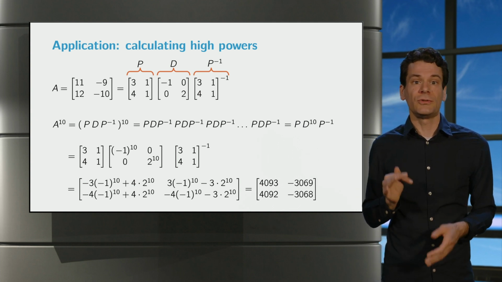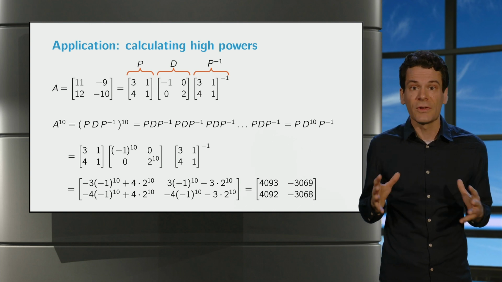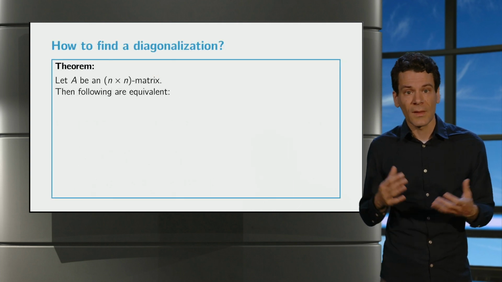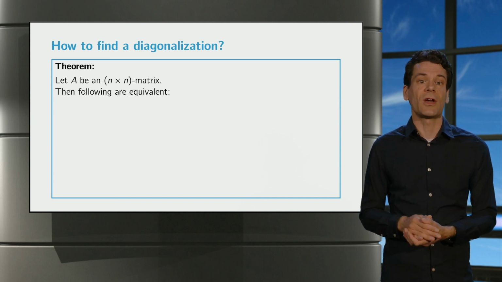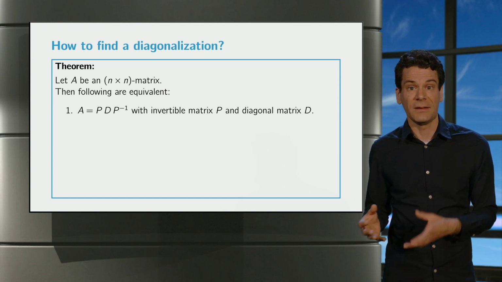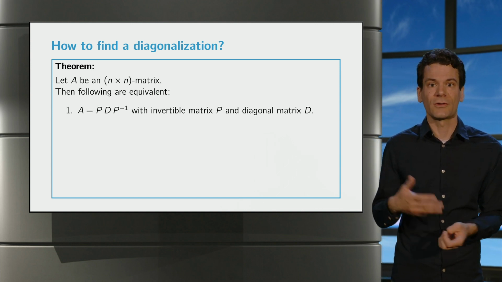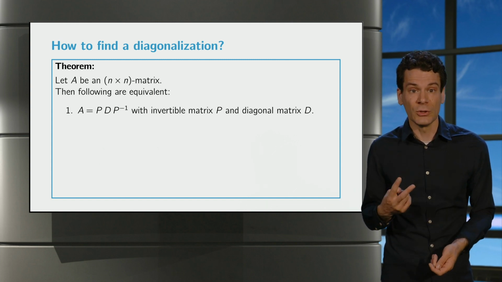Now, let me return to the question how to find a diagonalization. For this, the following theorem is important. Let A be an n times n matrix, then the following two statements are equivalent. 1. A has a diagonalization P times D times P inverse with invertible matrix P and diagonal matrix D. And 2.